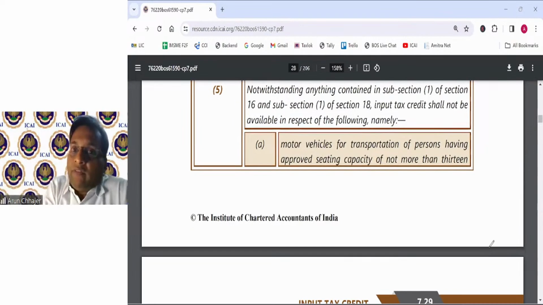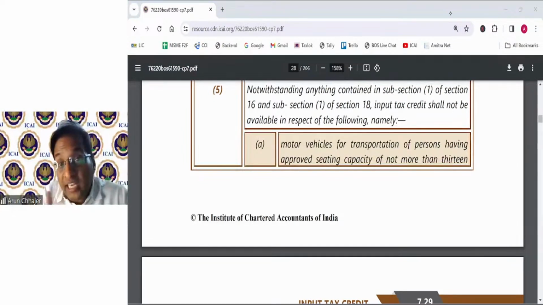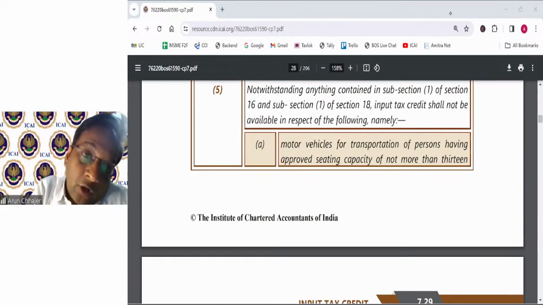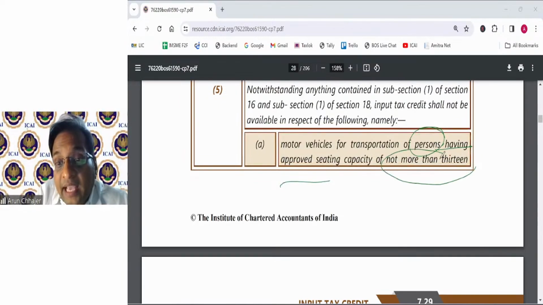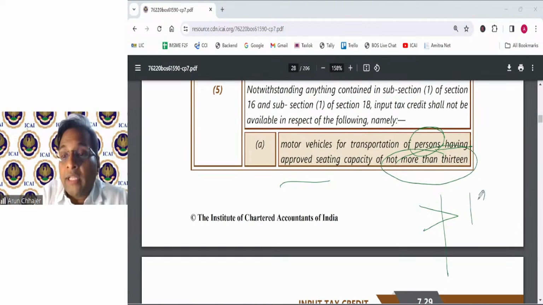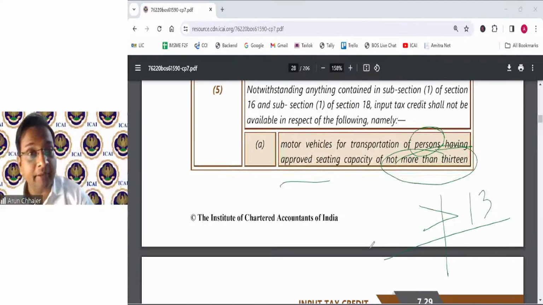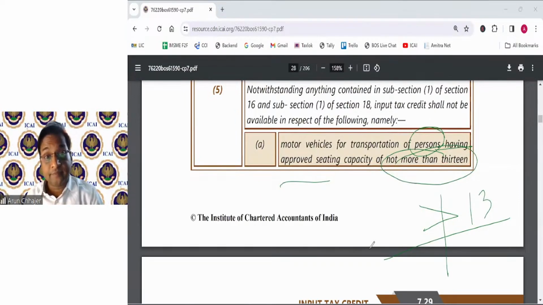So, if the motor vehicle is used for transportation of persons having approved sitting capacity, again, out of the vehicles for transportation of passengers, all vehicles are not blocked. Normally transportation of persons vehicles are in the block category, but if that vehicle has capacity of not more than 13 seater, remember, then that motor vehicle will be in the block category.